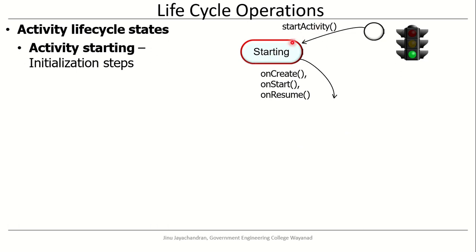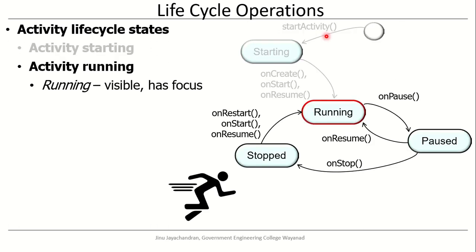When you are going to the starting state, the application will be called with the function startActivity. Once you are in the starting state and the user clicks the Android application, it will be going into the running state. When you are in the running state, the application will be visible to you and it has the focus. Focus means it is the single application in the foreground.